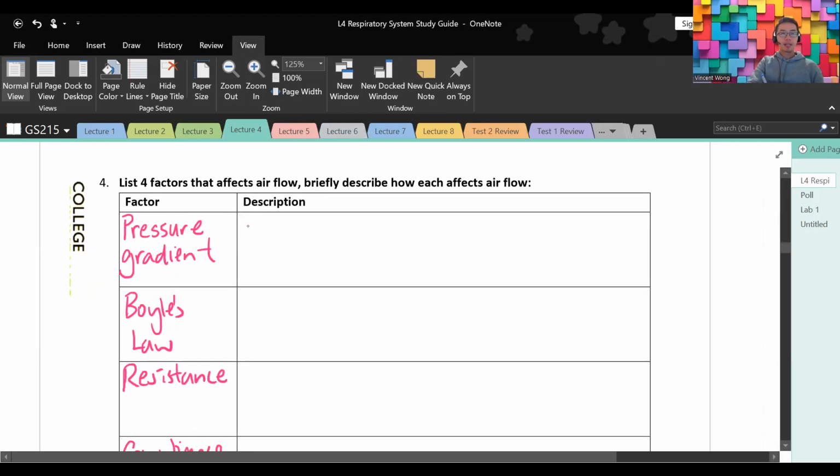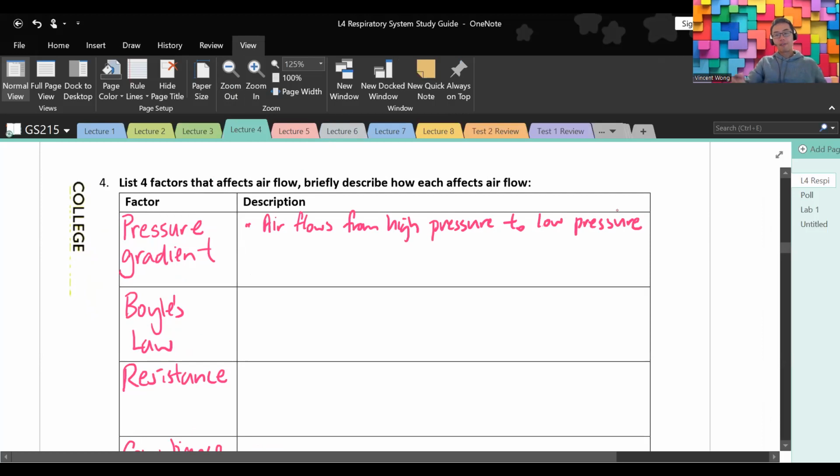So pressure gradient. Fluids are liquid and gas, right? So we're talking about air here. Air flows from high pressure to low pressure.